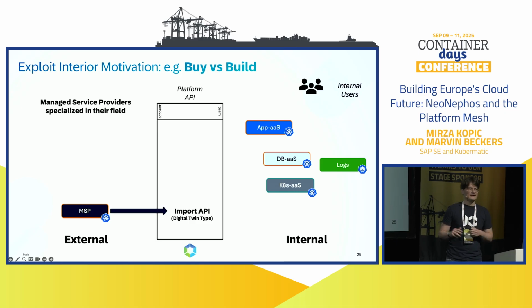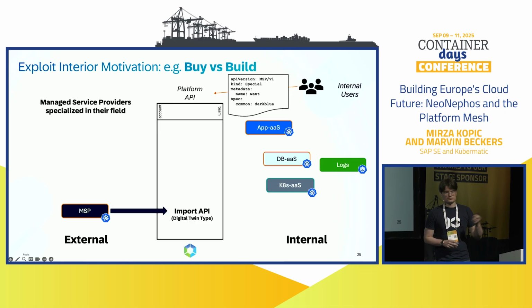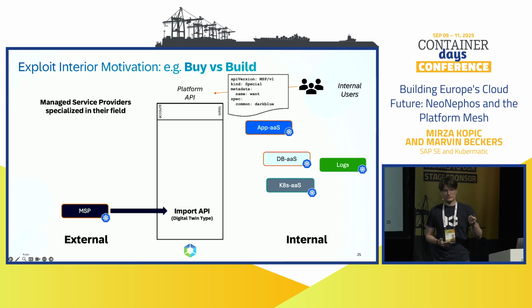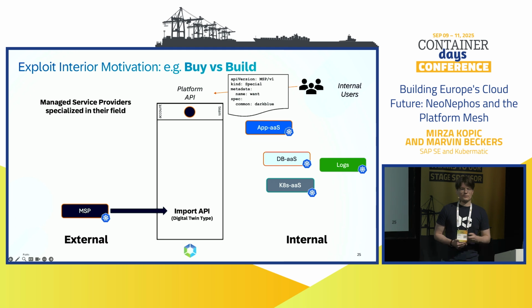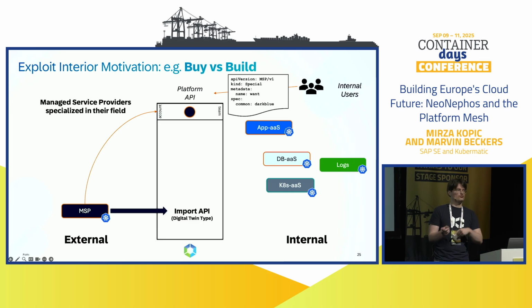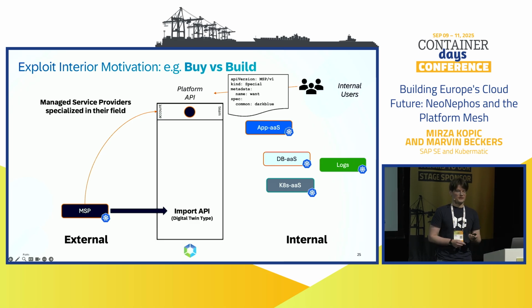And suddenly buying external services is super easy. Say I want to order something special from your MSP that no one in the company is capable of doing. Well, then I create that kind of object in the platform. The MSP picks that up because there's a digital twin sharing to the MSP going on in the background.